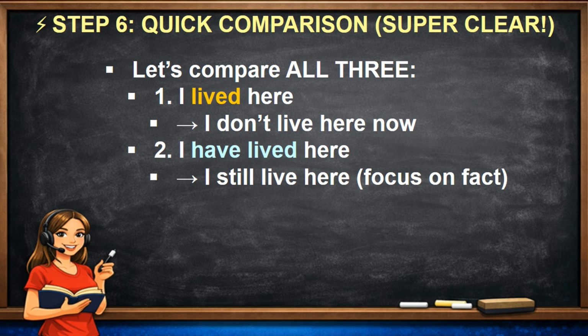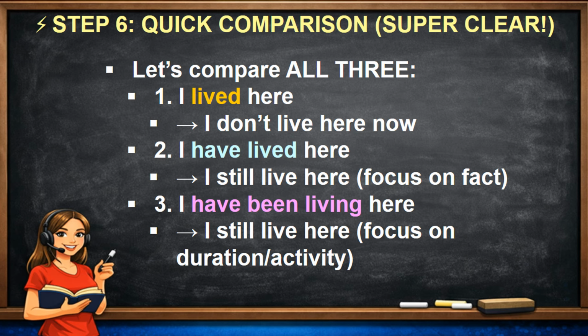I have lived here. This means I still live here, but when I say this sentence, I focus on the fact: 5 years. 3. I have been living here. And this means I still live here, but I focus on duration or activity. Same idea, different focus.